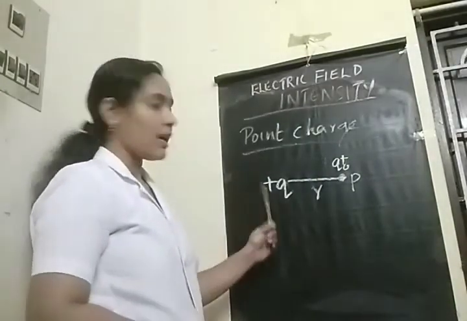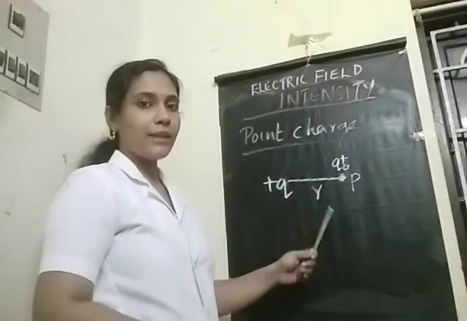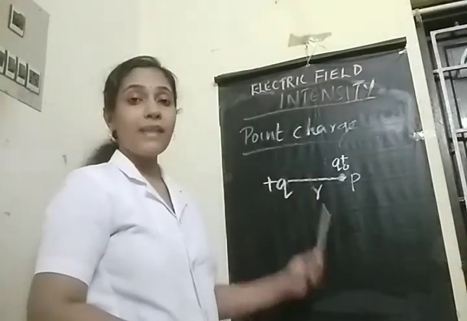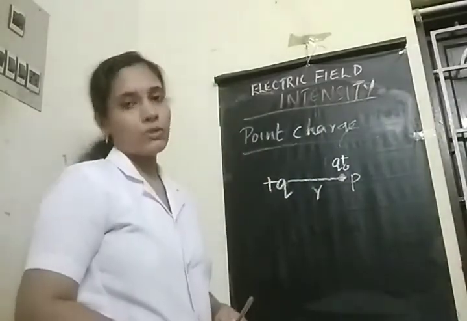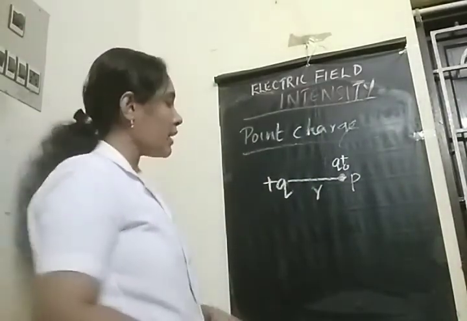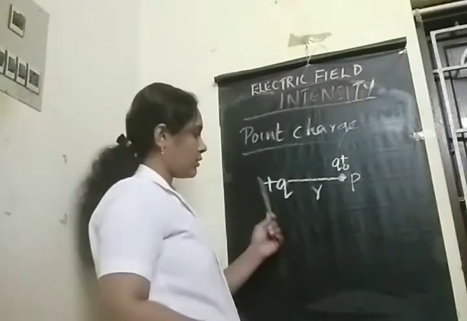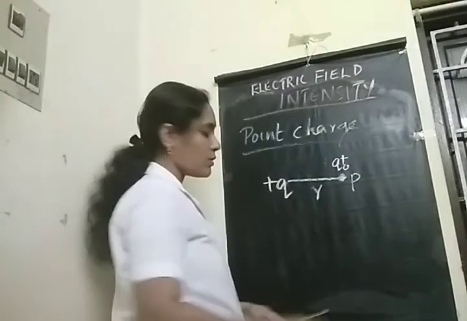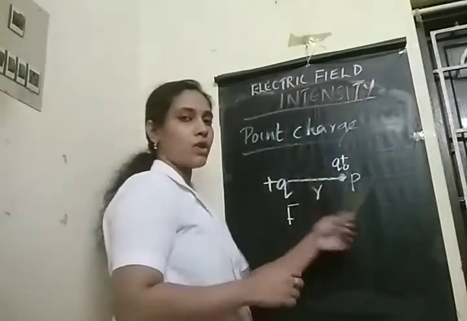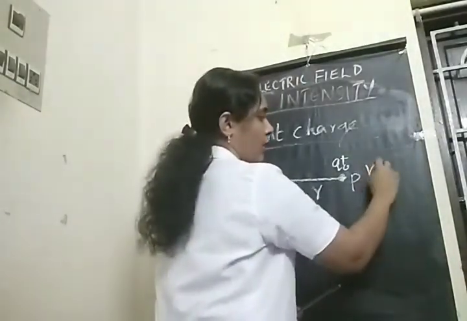Then the next step is to find out the electrostatic force experienced by this test charge due to our source charge. As per Coulomb's law, this is one charge, this is another charge. So what will be the expression of force? And also these two charges are present in vacuum now.